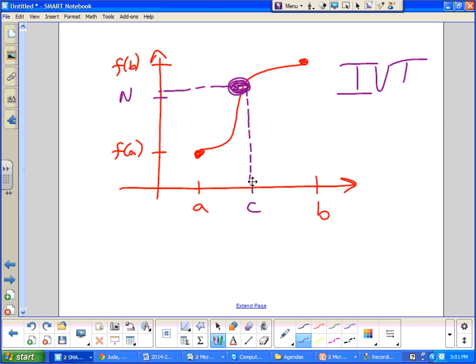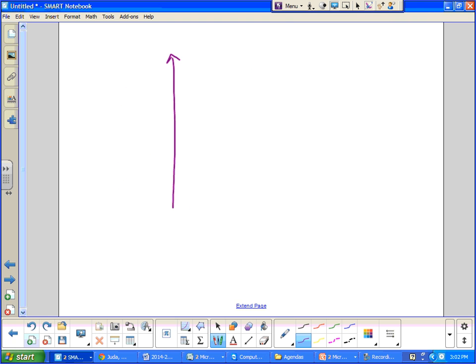If there's some C value between A and B, and N is between f of A and f of B, and the function is continuous, it has to pass through N at least once. Think about this. If I go back to A and B, and I say there's a C between, and here's f of A, and I'll have it be an increasing function just to keep it easy.